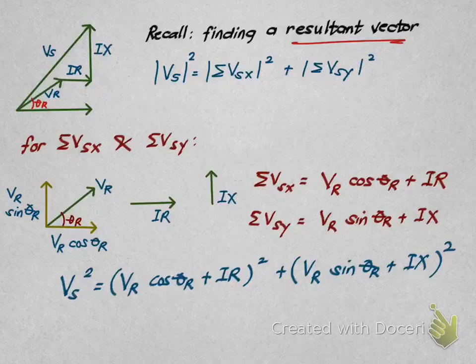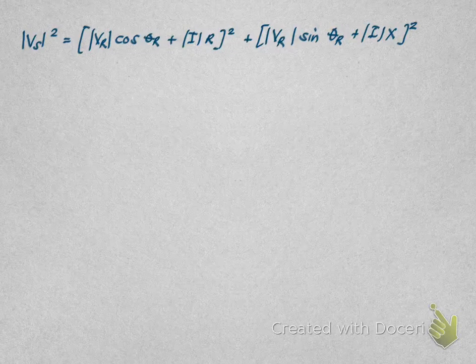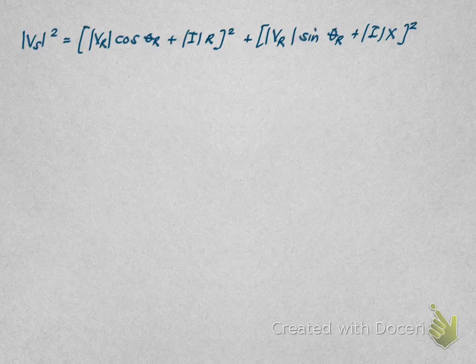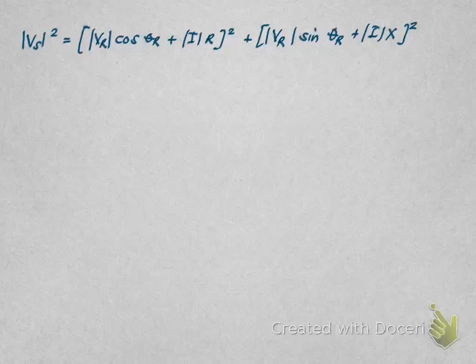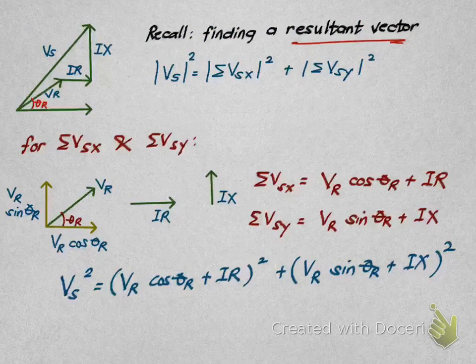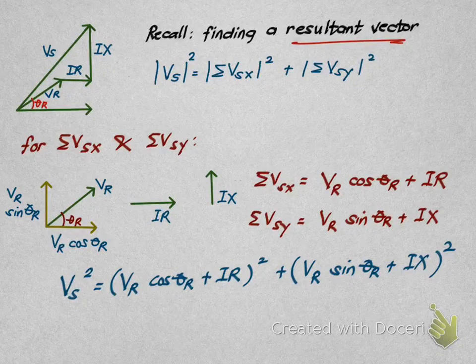Now, this is just the same thing. I just made use of the absolute value notation so we can differentiate VR as a magnitude from the one that is a vector. Here we refer to the magnitudes Vs, VR, and IR.